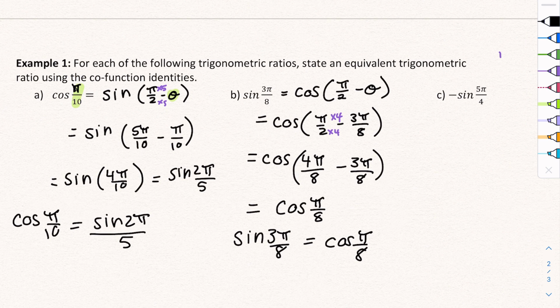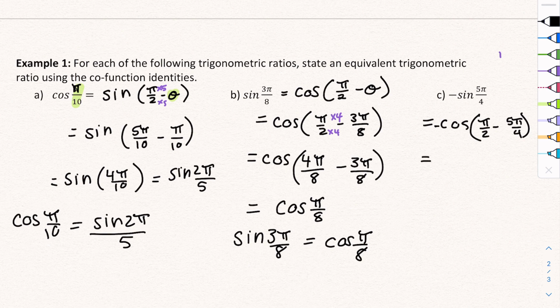And next we have negative sine 5 pi over 4. So for sine, we're going to use cos. So this is going to equal cos of pi over 2 minus 5 pi over 4. And then we know we have the negative in front.